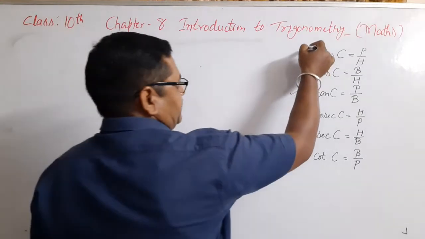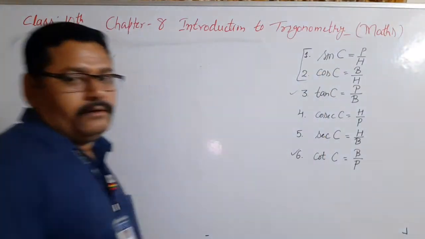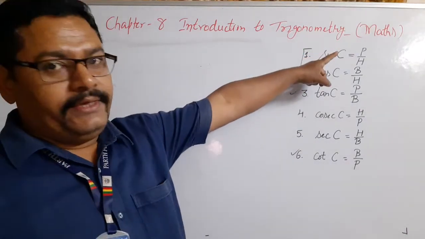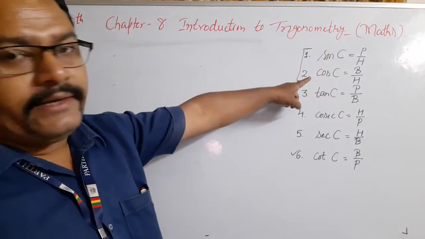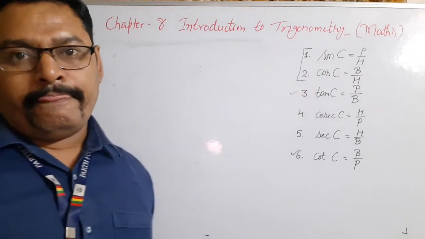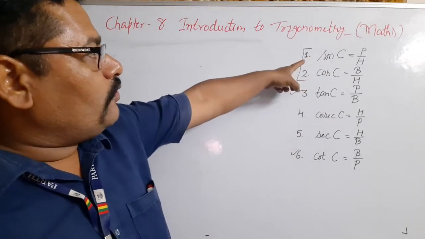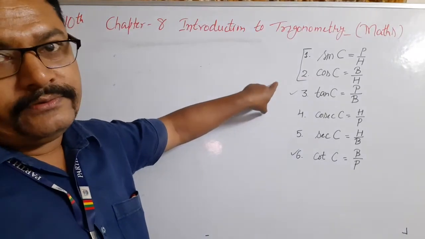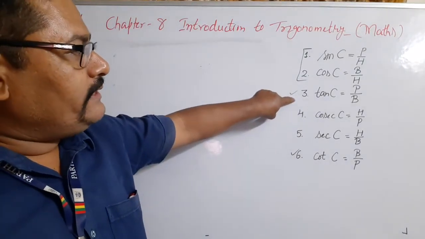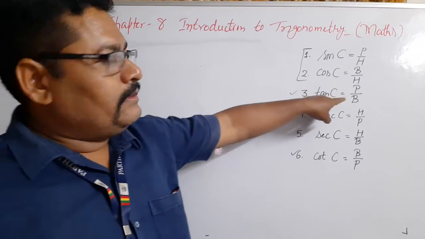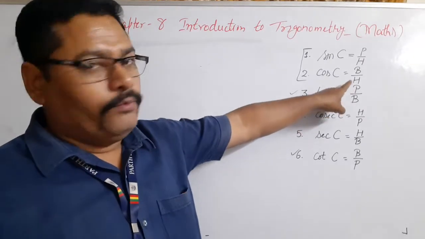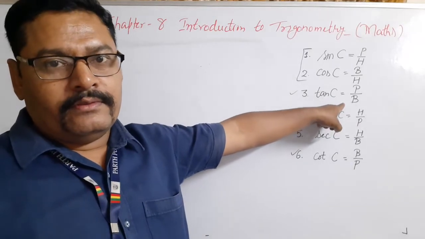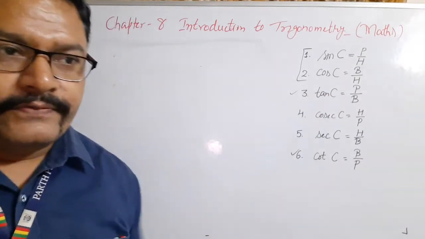Concentrate on sin C and cos C. The numerator of sin C is P and numerator of cos C is B. And the denominators of both sin C and cos C are hypotenuse. Now see tan C, the ratio is P upon B, that is numerator of sine upon numerator of cos. Let us find the ratio of sine and cos.